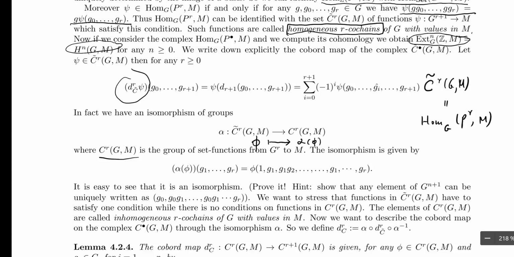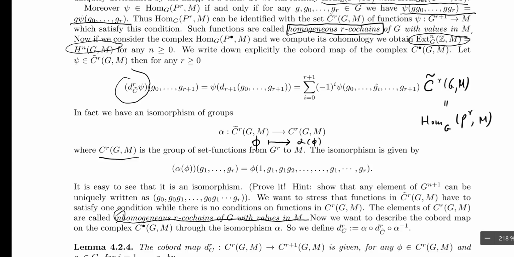The point is you have to notice that any element of G^(n+1) can be uniquely written in this form. We want to stress that functions in C^R twiddle have to satisfy one condition, while there are no conditions on functions in C^R. The elements of C^R are called inhomogeneous R-cochains with values here. Inhomogeneous.